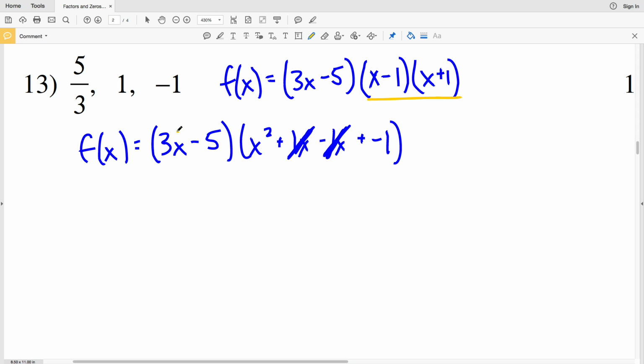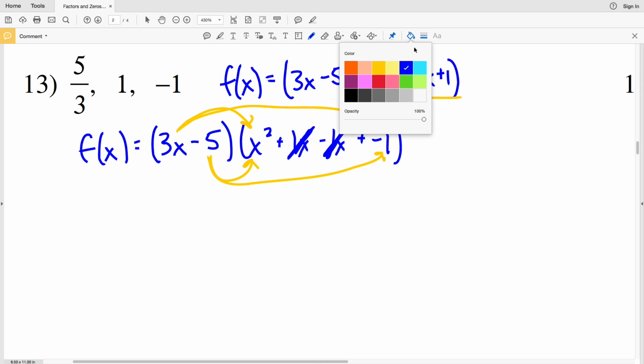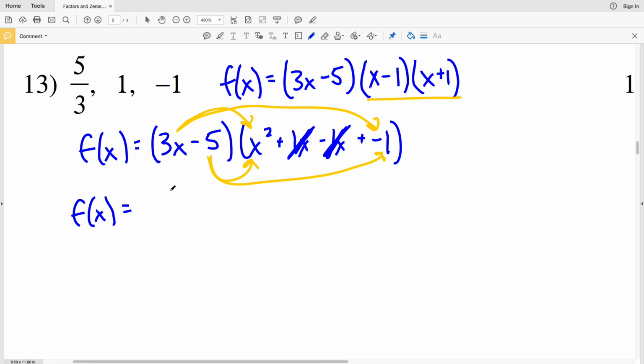So I'm going to take 3x, multiply it by x squared, then multiply it to negative 1, and then take 5, multiply that to x squared, and multiply that to negative 1. But remember that 5 is subtracted. So I'll have f of x equal to 3x times x squared, which is 3x cubed, and then 3x times negative 1, so I'm subtracting 3x, and then negative 5 times x squared, so I'll be subtracting 5x squared, and then negative 5 times negative 1 is positive 5, so I'll be adding 5.